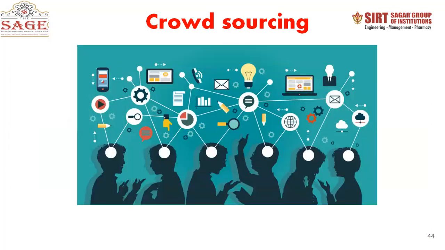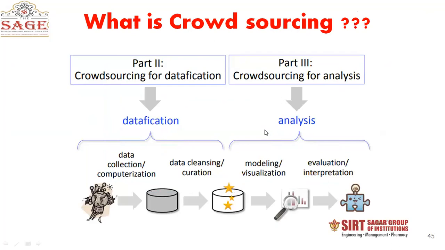The diagram explains the depth of crowdsourcing, where you see all the things which are in the minds of the customers or the people. Crowdsourcing is the way to identify and recognize what different people are thinking, so that we can take decisions toward organizational improvement. There are two parts of crowdsourcing: crowdsourcing for datafication and crowdsourcing for analysis.